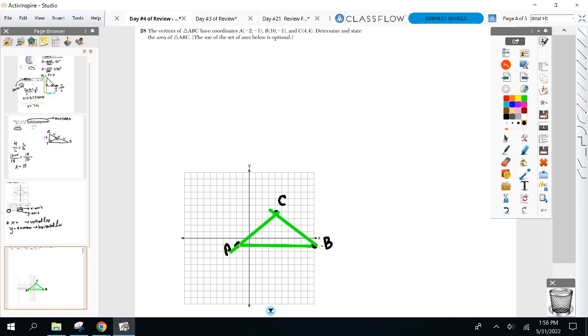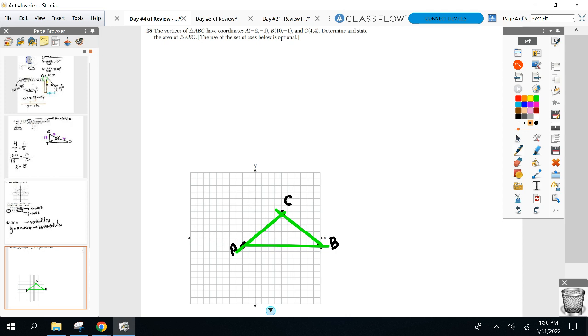Yeah, sorry about the exterior angles on mine. This should be a free 2 points for all the honors kids. Free 2 points.